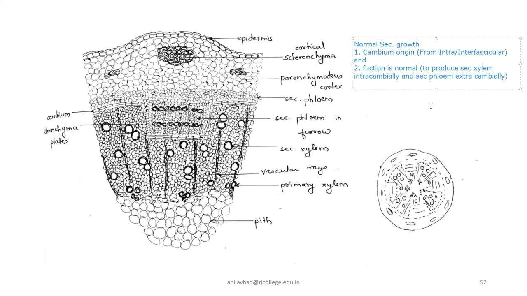But then after some time, the cambium differentiates into 8 strips. And out of those 8, the 4 alternate strips are arranged.